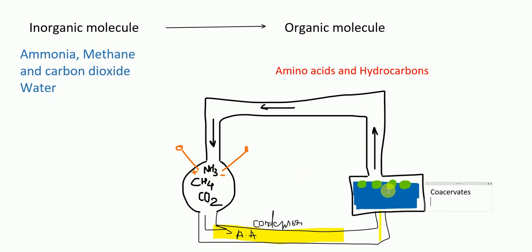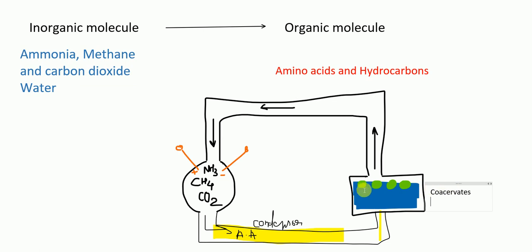The water from the water chamber entered the gas chamber, where by the energy provided by the electrode, the inorganic gases like ammonia, methane, carbon dioxide got broken down and converted into organic molecules like amino acids and hydrocarbons. The condenser provided a path for these organic molecules to enter the water chamber, where they were floating on the surface.